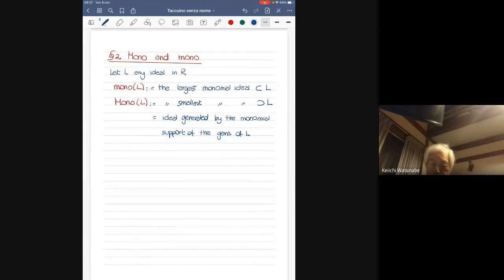The small mono, this ideal, is much harder to describe. However, there are algorithms even implemented already in CoCoA, and the mono of L can be computed using CoCoA, for example, from the command which is called MonsInIdeal. I should still call it L since I call it L.